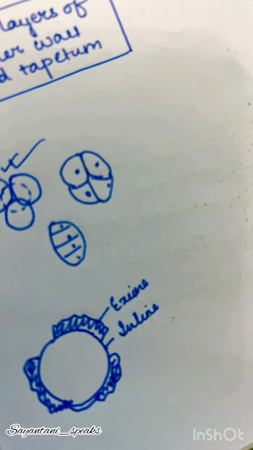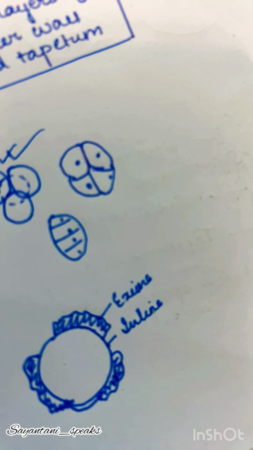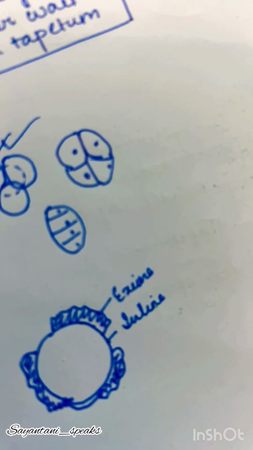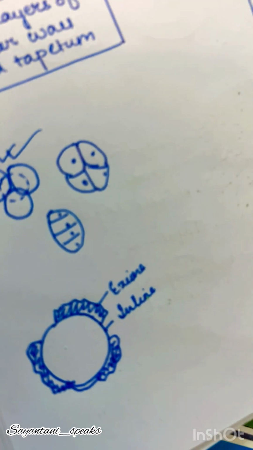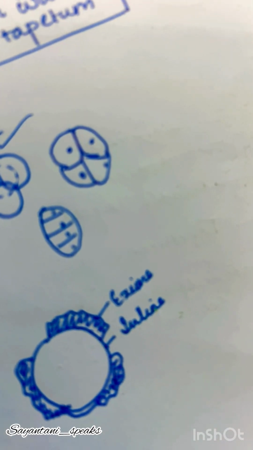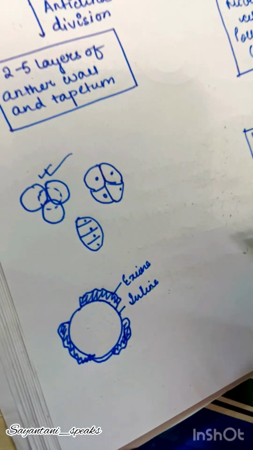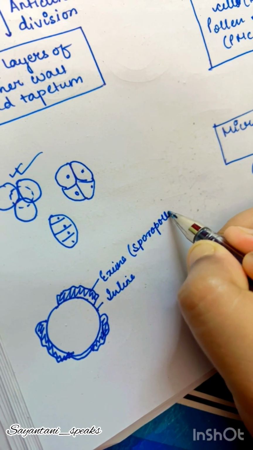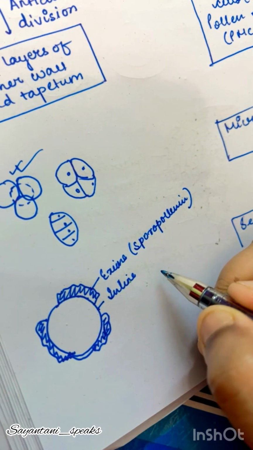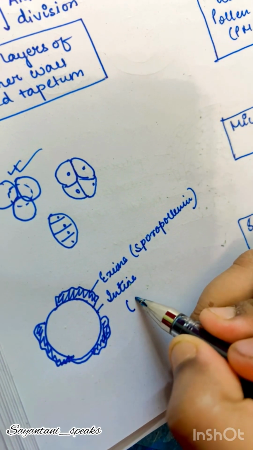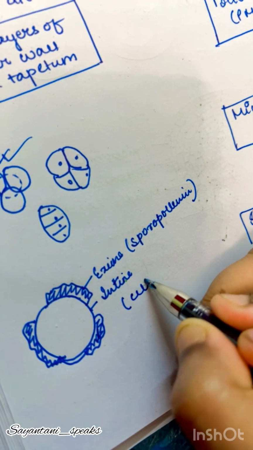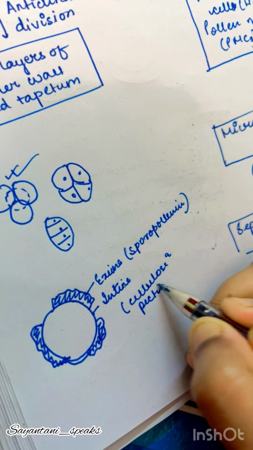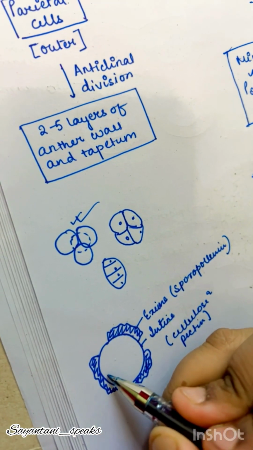This sporopollenin is the most resistant biological substance known. And the intine is very basic. It is made up of cellulose and pectin material.